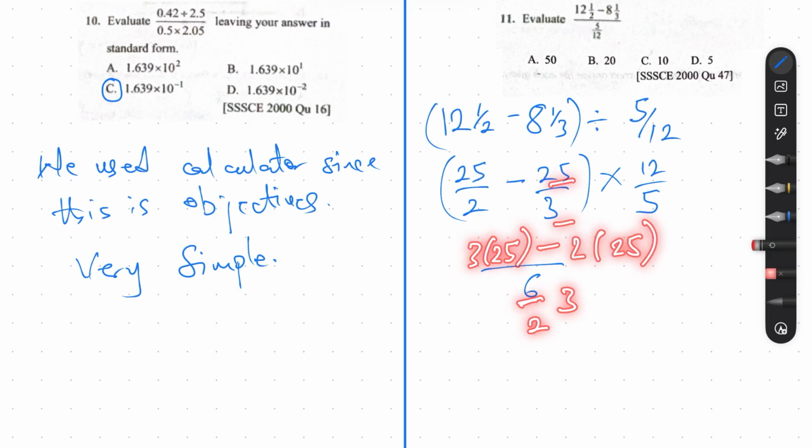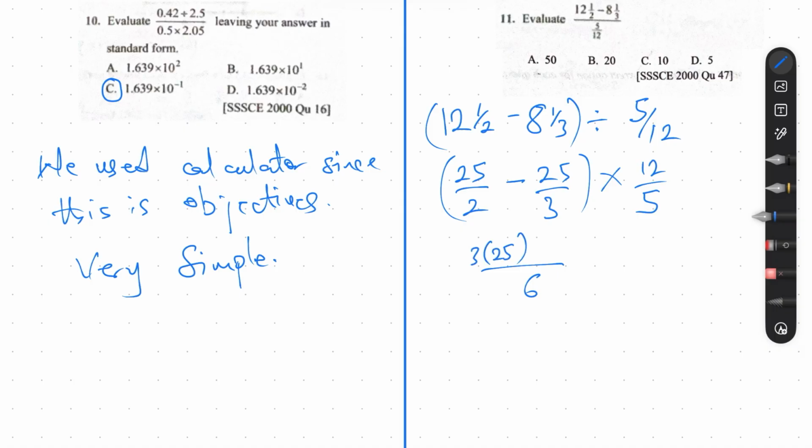So let's do that: 3 times 25 minus 2 times 25, all over 6, times 12 over 5, right?